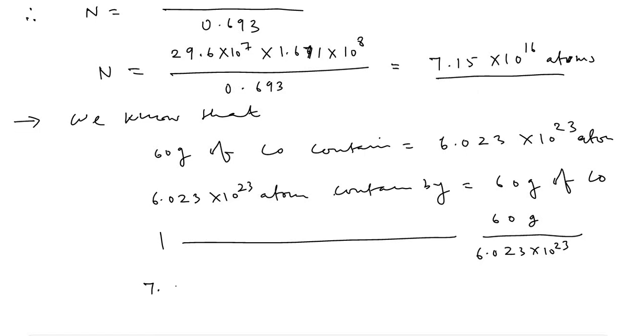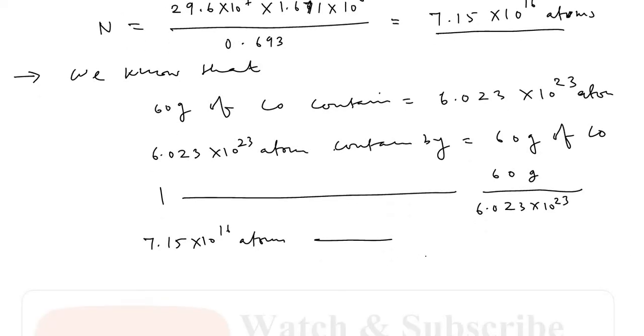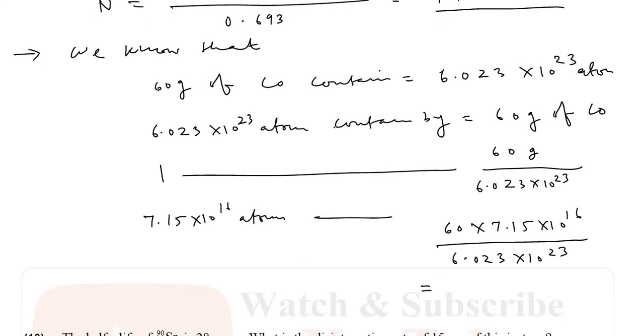So one atom is contained by 60 gram divided by 6.023 multiplied by 10 to the power 23 gram of cobalt. So here 7.15 multiplied by 10 to the power 16 atoms are contained by the given amount of cobalt.